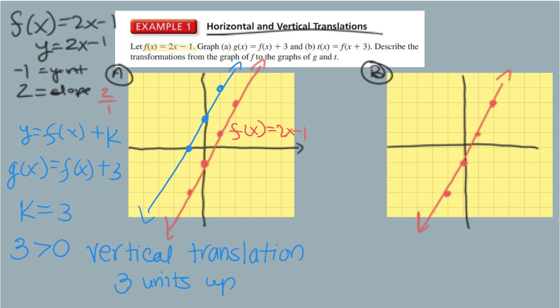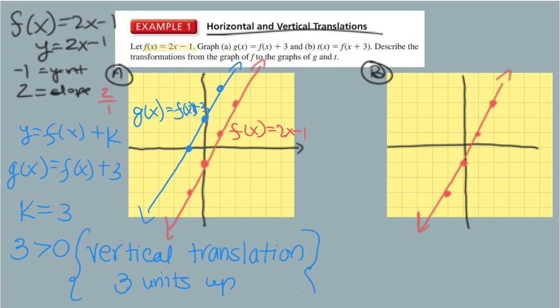The second one was our g of x equals f of x plus 3. And that's your answer, okay? There's a vertical translation, 3 units up.